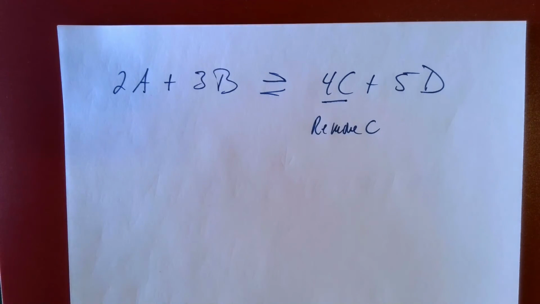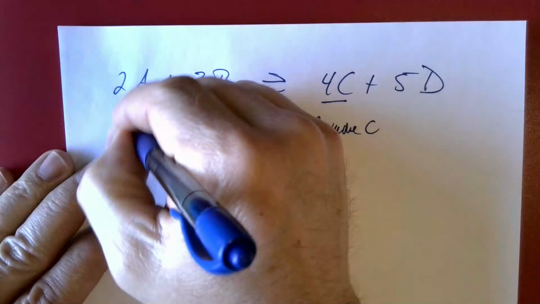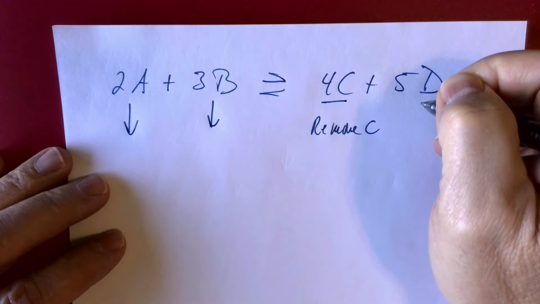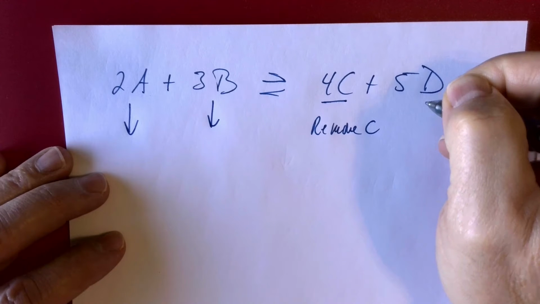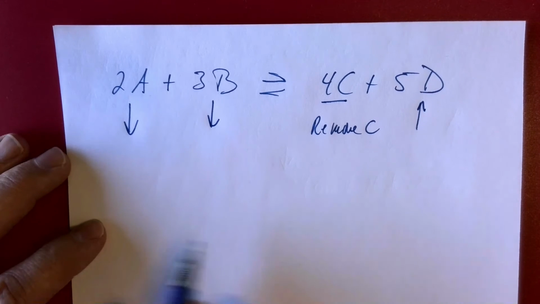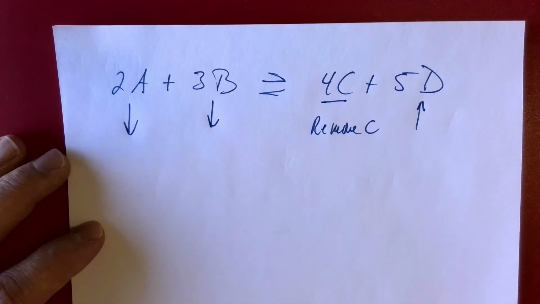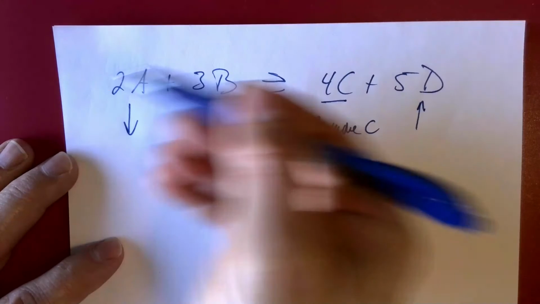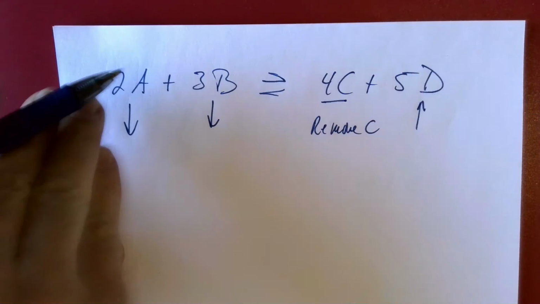They're going to continually go down. What's going to happen to the amount of D I have? It's going to go up. Which way is my equation going to shift? Is it going to shift back this way, or is it going to shift that way?